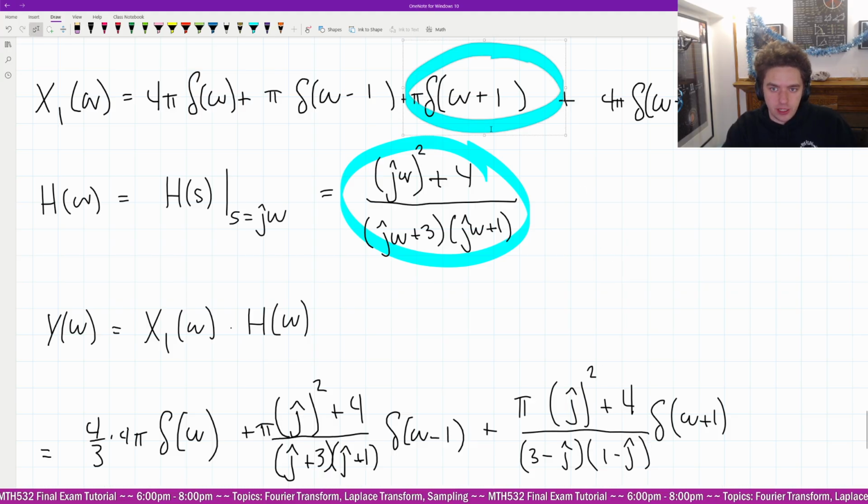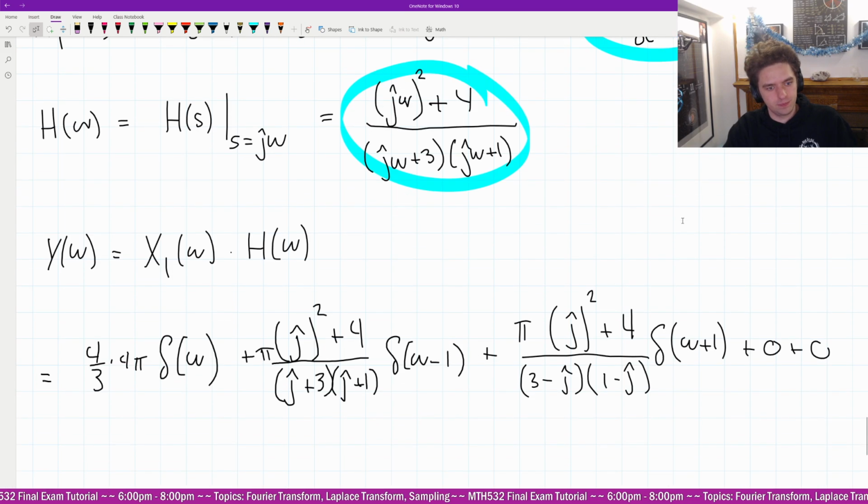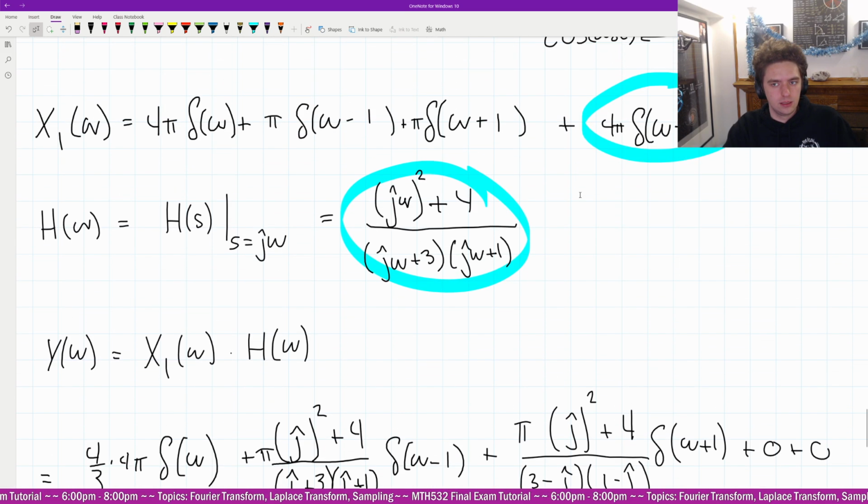And these last two terms actually go to 0. Because think about what's going to happen here. I'm going to plug in 2 for omega, so it's going to be 2j squared, which is minus 4, and minus 4 plus 4 is 0. That same thing is going to happen here. So those are just plus 0 plus 0. Hopefully that makes sense.